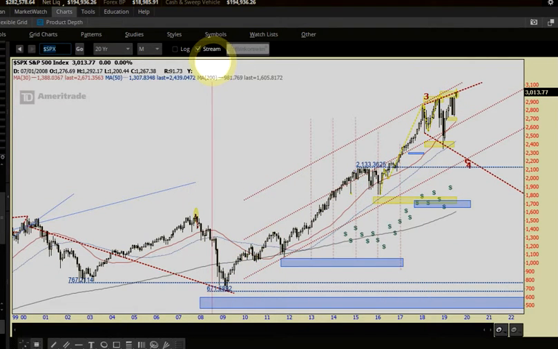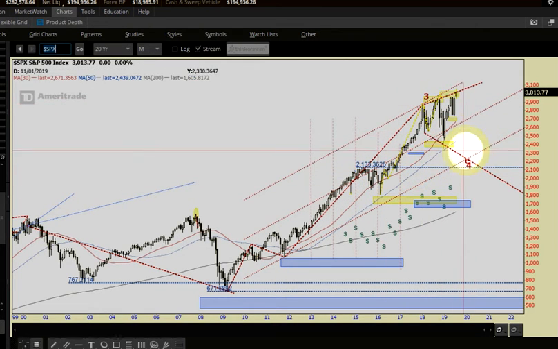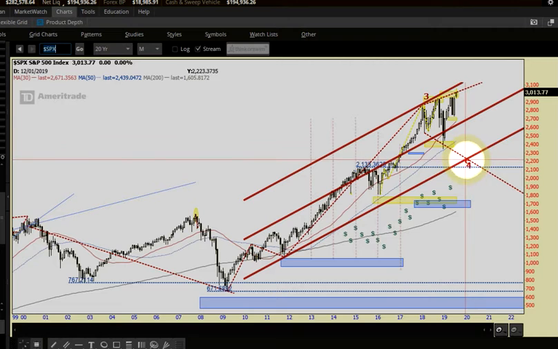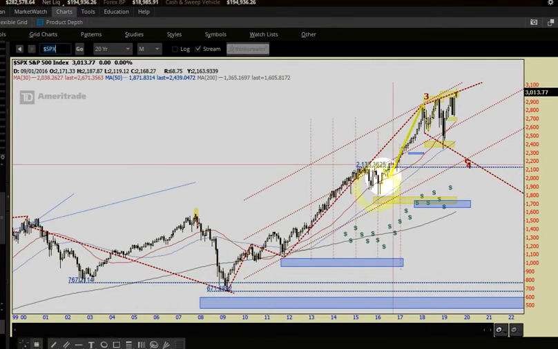But we're looking at this larger degree trend, so I can draw it real quick here. Again, we got a wave 2 flat, and this whole thing is 3, as we mentioned here. 4 will end somewhere down in here, and then we'll have a wave 5 to complete this pattern.